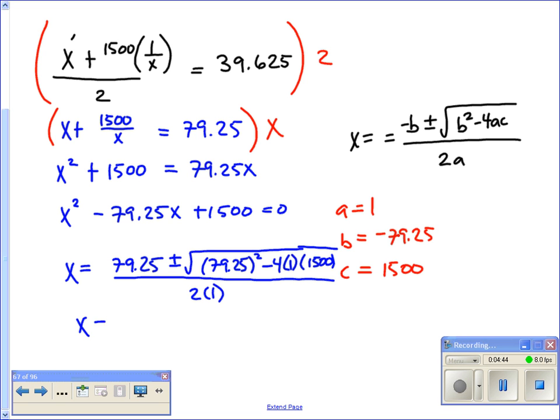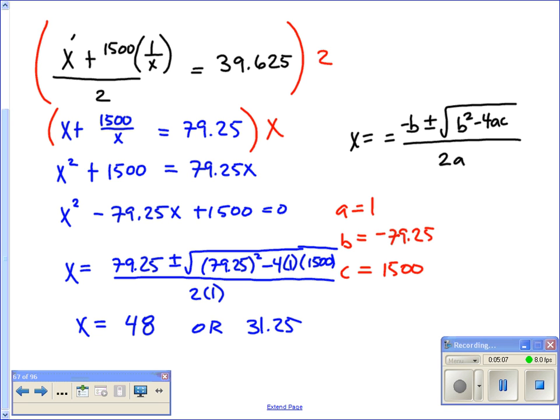Okay, so first you go through and you say 79.25 plus the square root divided by the 2, and then you do minus the square root there. It will give you two answers. The first one is 48, and the second one would be 31.25. So those are your two solutions there.